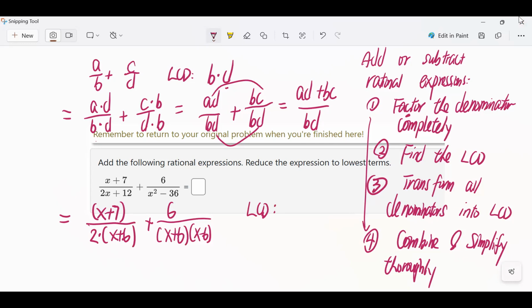Okay, no worries. So 2 we're going to need. Basically, you need all the elements without repetitions. So 2 must be there, and x plus 6 must be there; both have it. Take one of them, don't take both. What if, hypothetically speaking, this is squared here? Are we using x plus 6 or x plus 6 squared?